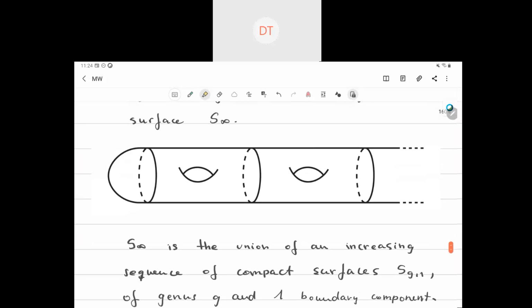It kind of makes sense, right? If we choose S0 to be this cap that tops this off, and we choose S1 to be everything up to this point, and then S2 to be everything up to that point, then we see that we have natural maps between them, which are just inclusions, and we can take a limit, and the limit is going to give exactly this infinite genus surface. So a very natural construction.